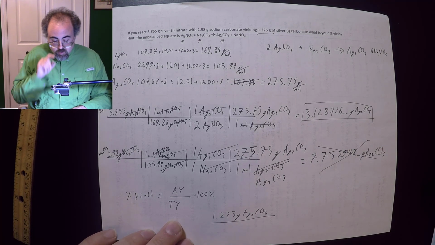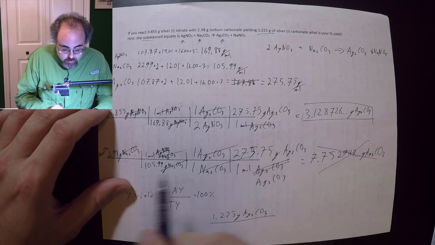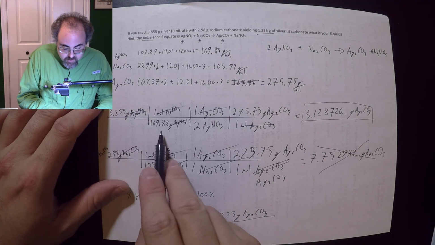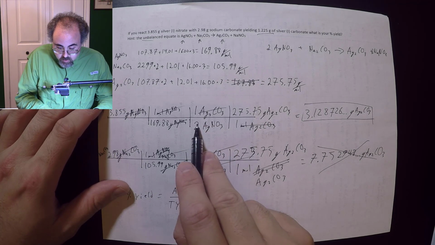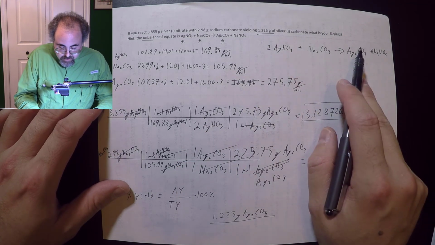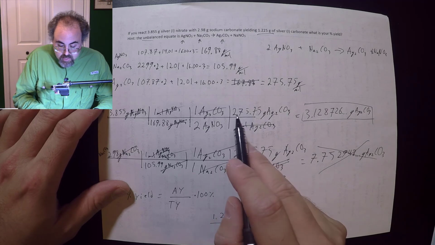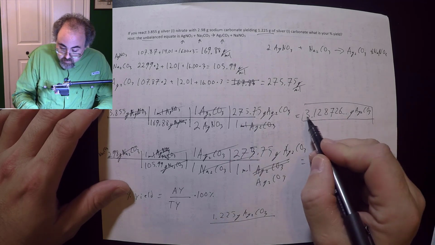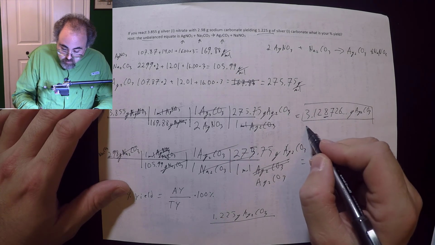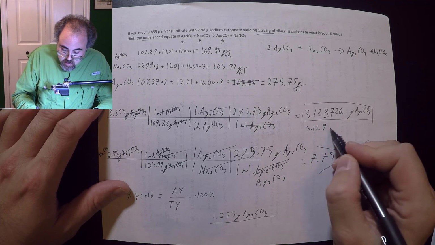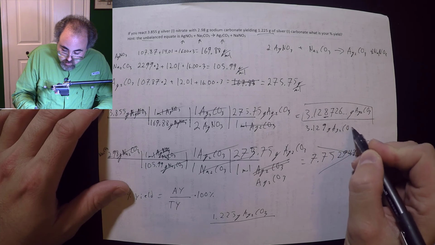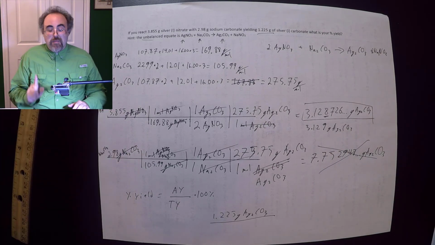And actually, I need to do sig figs on it, because it's not quite done yet. I've got 4 sig figs. The 5 here is an exact number, so I don't have to worry about those. Once you come from the equation, those are exact counting numbers. So I've got 4 sig figs, 1, 2, 3, 4. So this is actually 3.129 grams Ag2CO3.